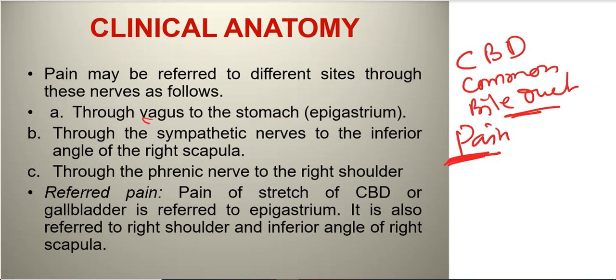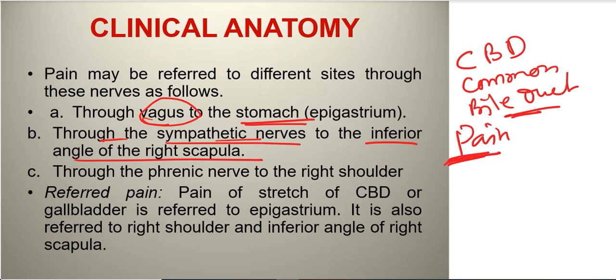First is through the vagus. The vagus nerve feels pain in the stomach. Then through sympathetic nerves to the inferior angle of the right scapula. Whenever you feel pain sensation in the inferior angle of the right scapula, you should find out any CBD pathology causes.